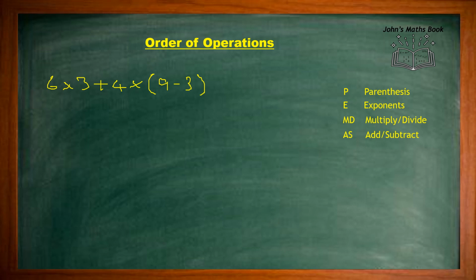So this breaks down to 6 times 3 plus 4 times, and then if we do the brackets, 9 minus 3 gives us 6. Then we can apply our rules again, going from left to right, and the next precedence is the multiply sign. So that gives us 18 plus 4 times 6, 24. So 18 plus 24 is 42.